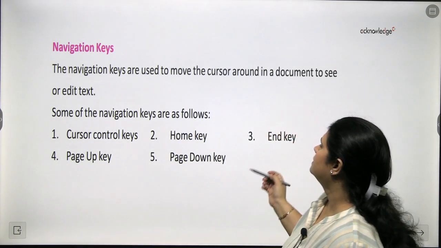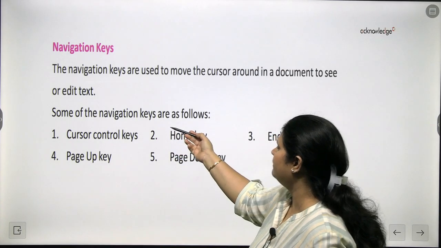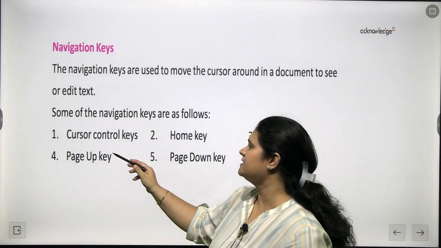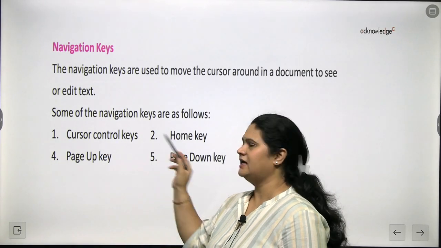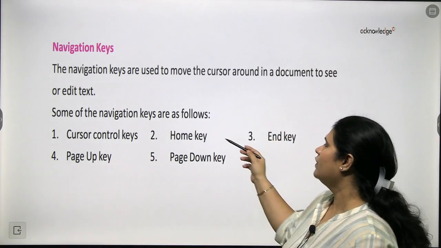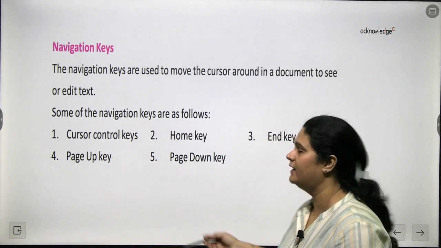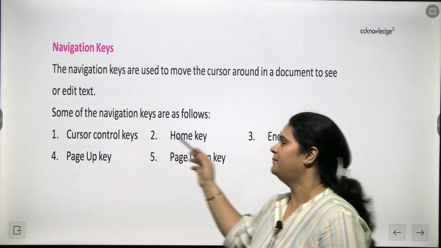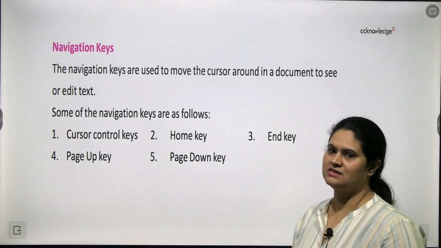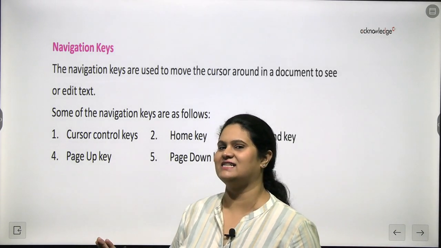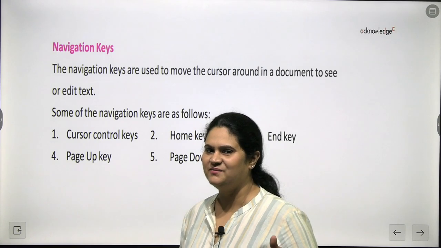Right? So, some of the navigation keys are as follows. First one is cursor control keys that we have seen, the arrow keys. We also have home key, end key, page up and page down key. So now I am going to tell you all about all these keys in detail. Excited? Very good.